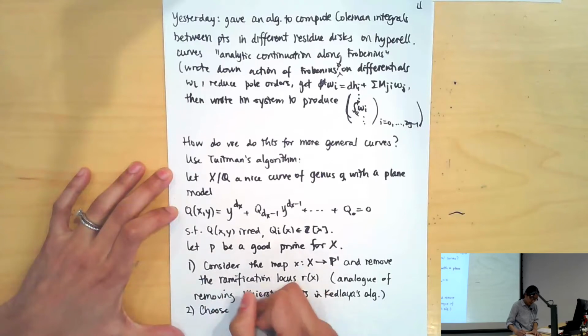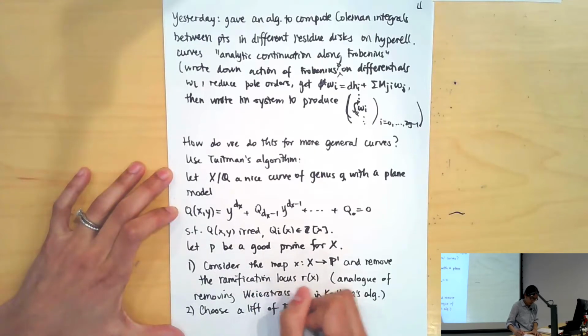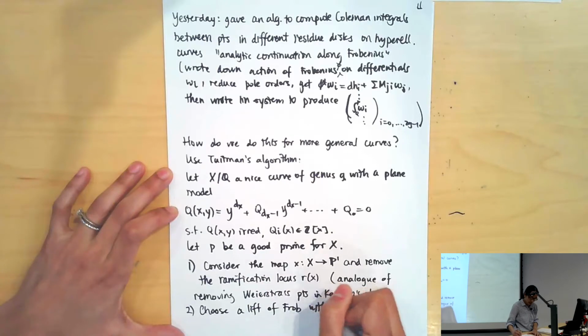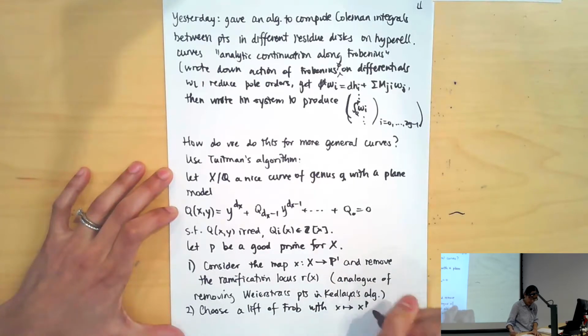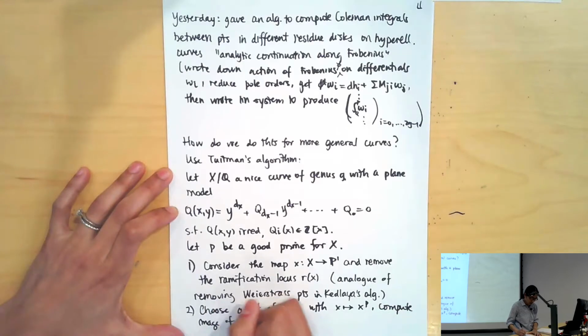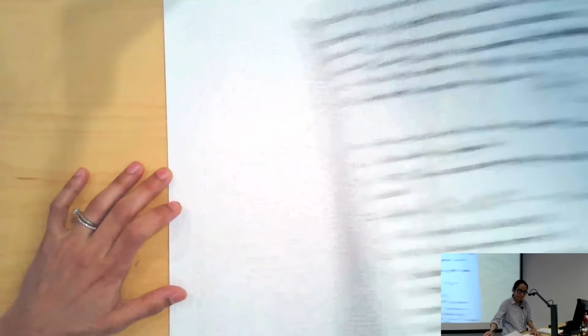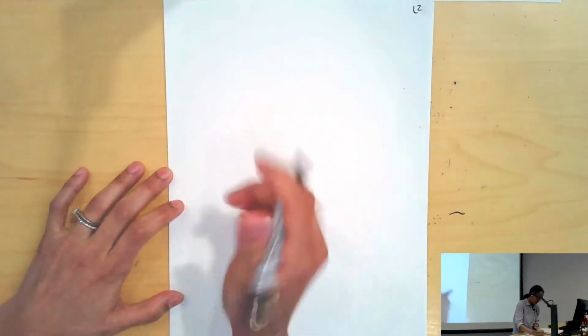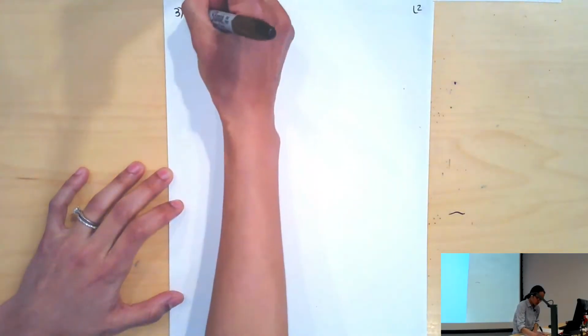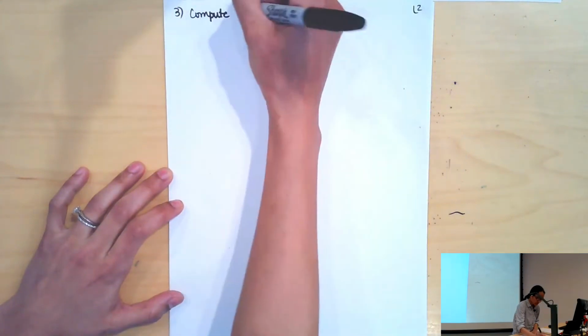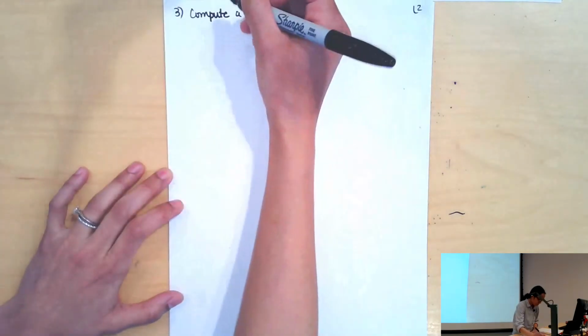And then we choose a lift of Frobenius that sends x to x to the p. So all this is p-power Frobenius. And then we compute the image of y through Hensel lifting. And then we compute our various bases of cohomology.